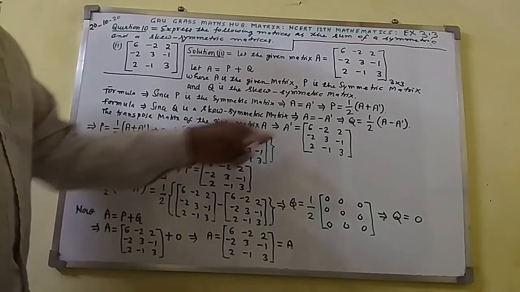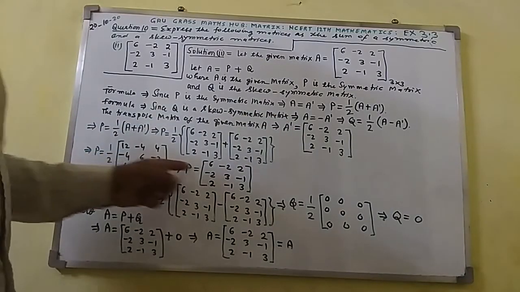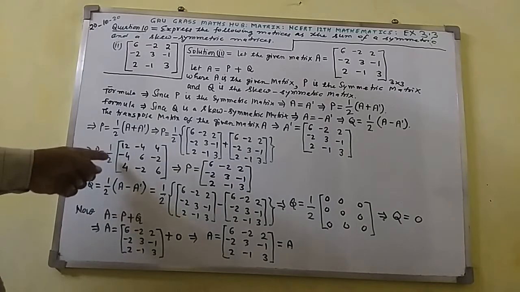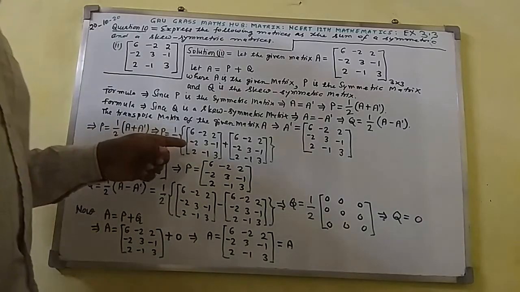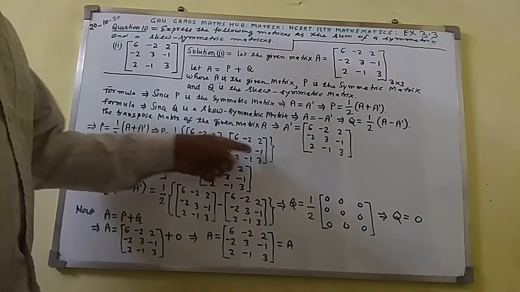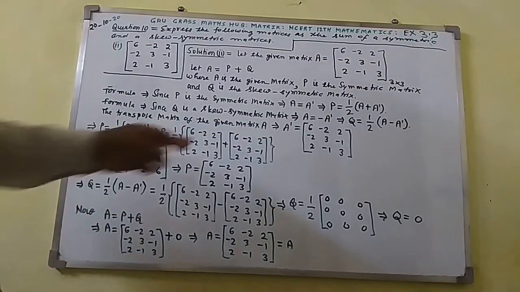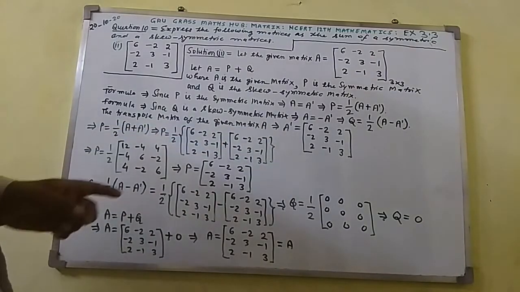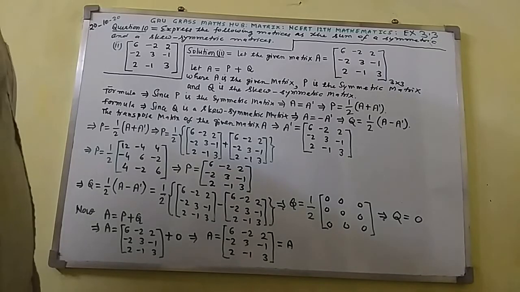This is a matrix of order 3 cross 3 and this is also a matrix of order 3 cross 3. Then addition will be followed here.